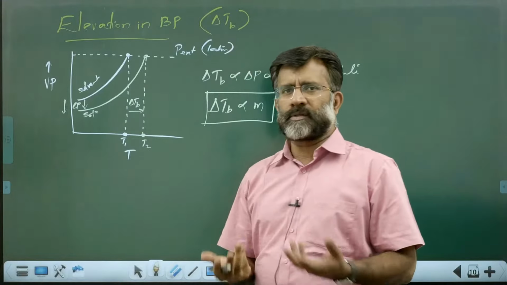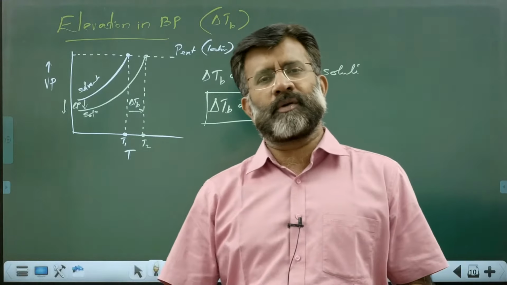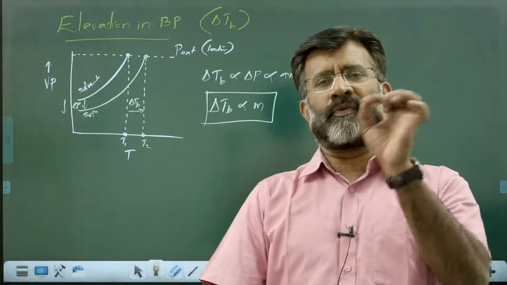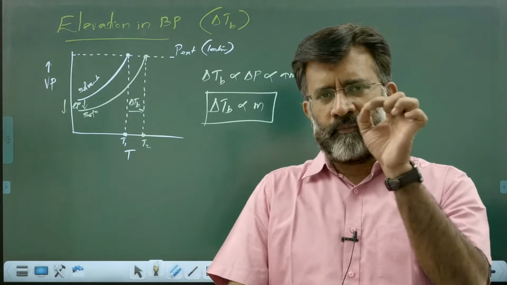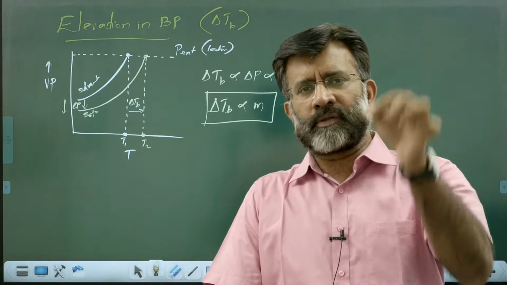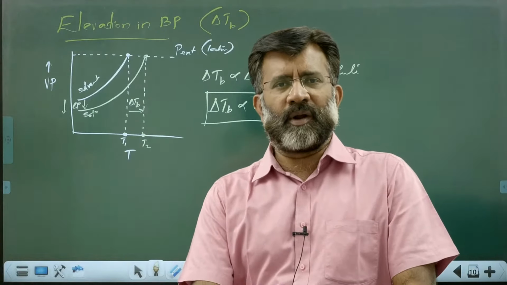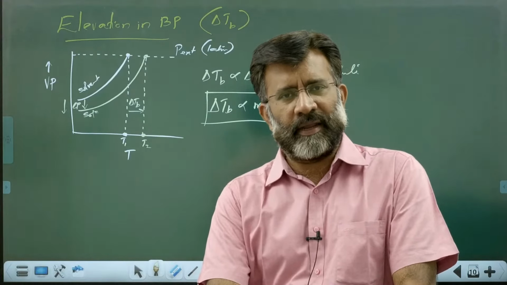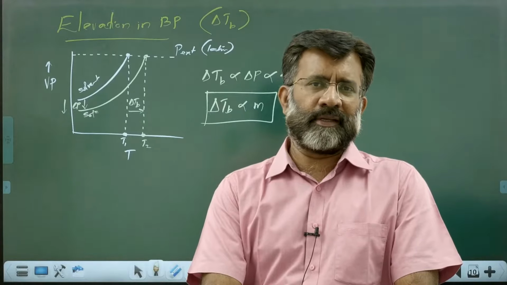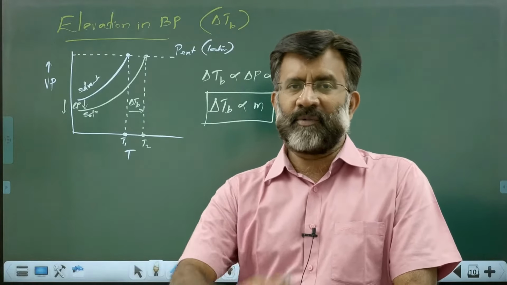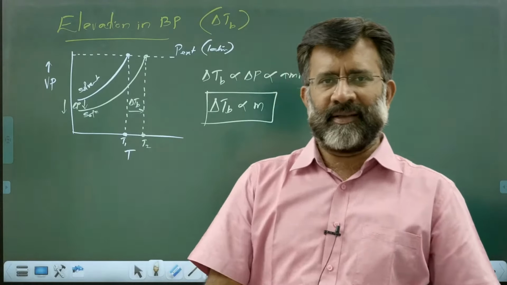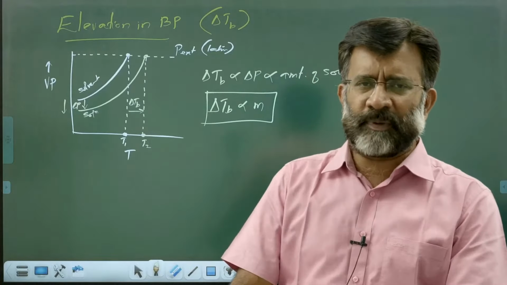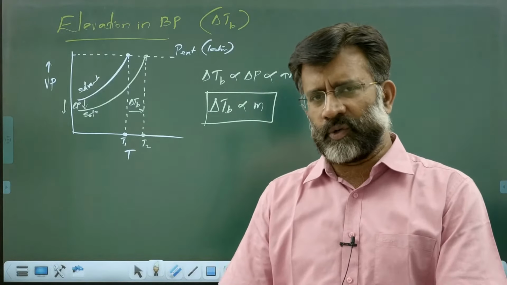Molality is a concentration term, and concentration term refers to the amount of solute in a solution. A comfortable concentration unit used is molality, as it is temperature independent, and more or less it is the same as molarity. But molarity is temperature dependent. So there are experimental advantages to using molality.